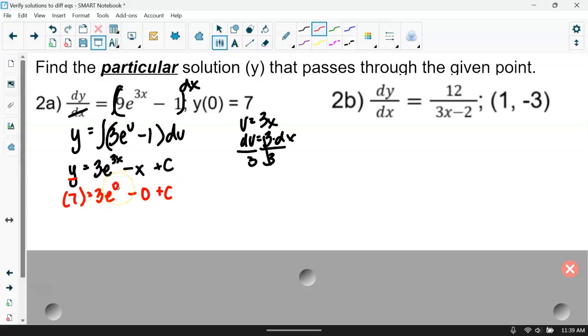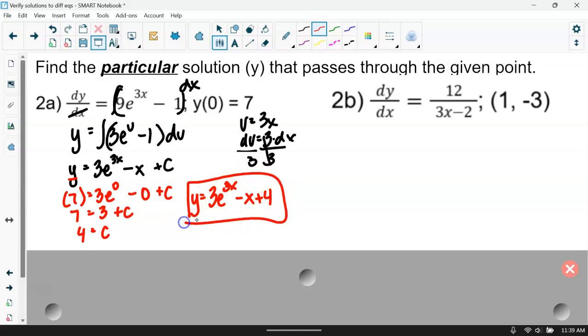Well, notice when you put it in the calculator, you just get 3, right? Because e to the 0 is 1. So 7 is equal to 3 minus 0, which is just 3. So that means here, what is our constant in this case? 4. So our particular solution is y is equal to 3 times e to the 3x minus x plus 4.